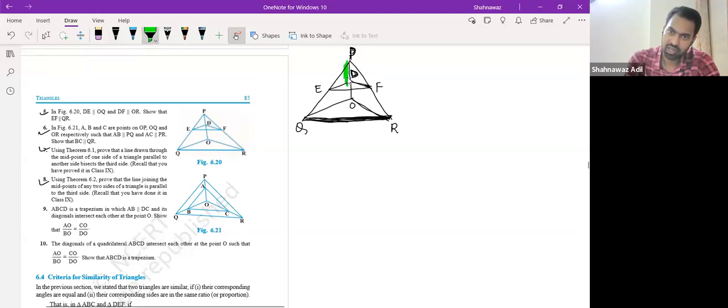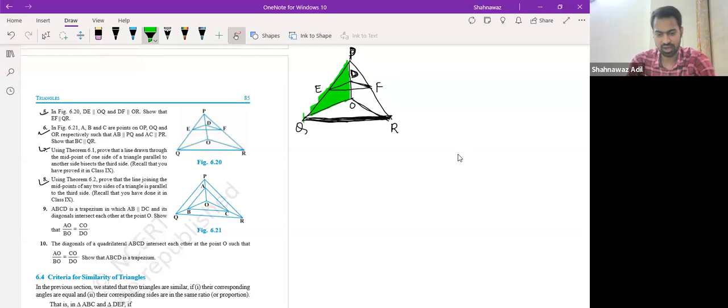The first thing is that we have to figure out what is the triangle. And if we have figured out the triangle and the parallel lines, then application of the theorem is easy, right? So first thing is identification of the triangle. So in triangle POQ, ED is parallel to QO.